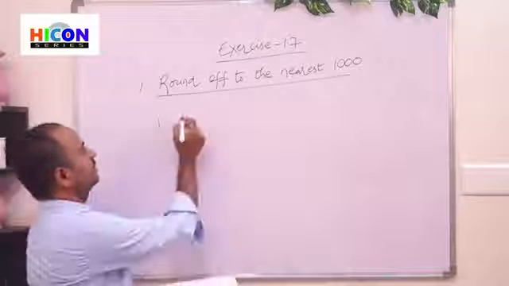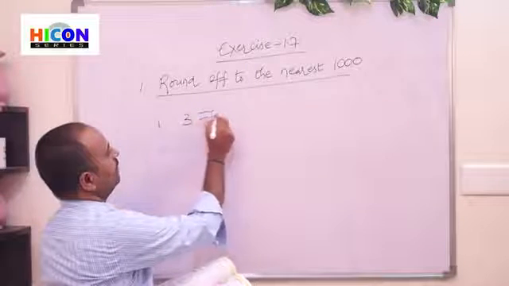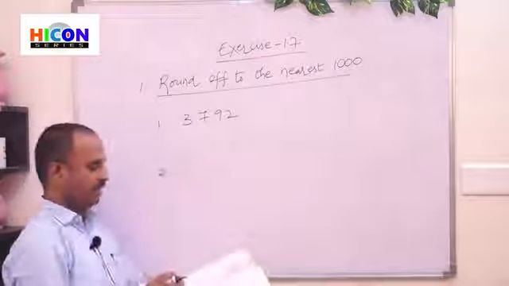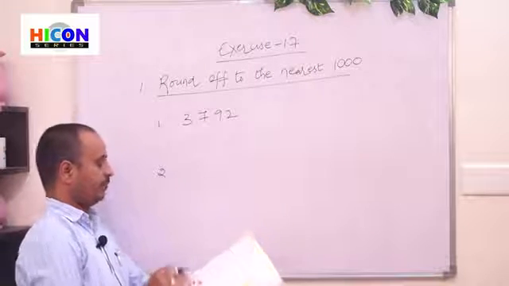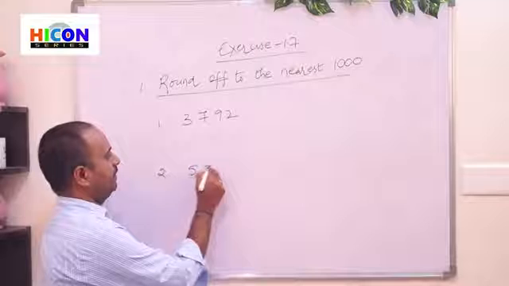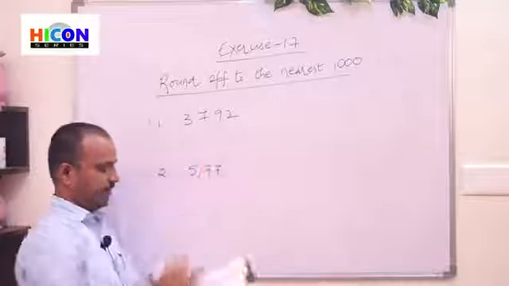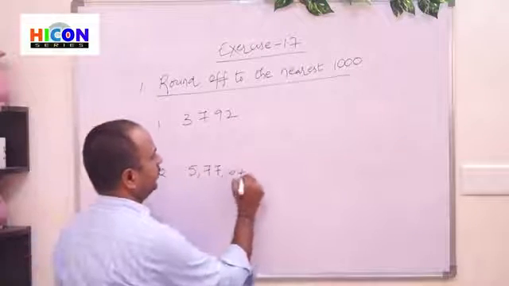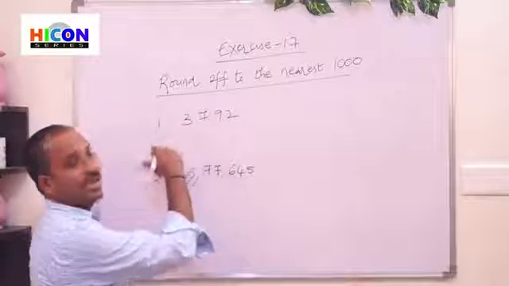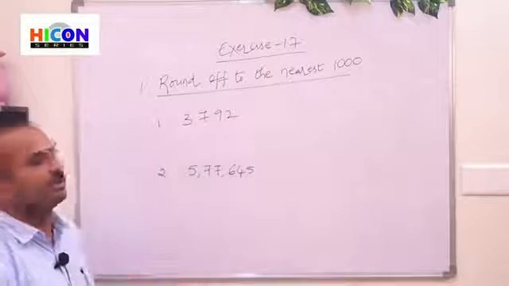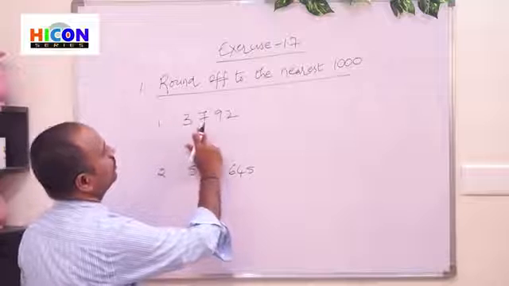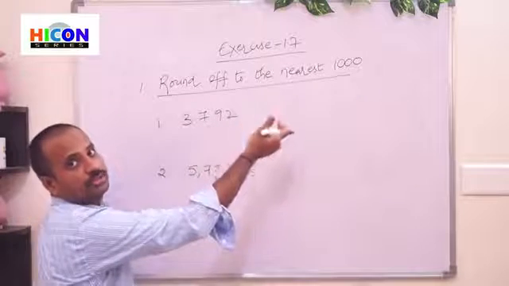The first one is 3,792 and take another problem, and that is 5,77,645. So children, I have taken 2 problems in this section. So let us do how to round off the given number to nearest thousands.